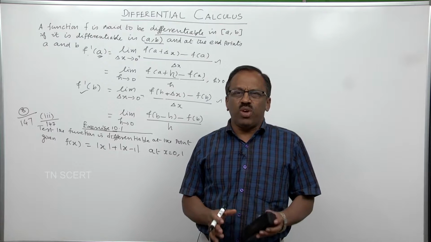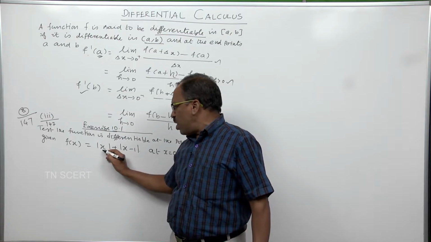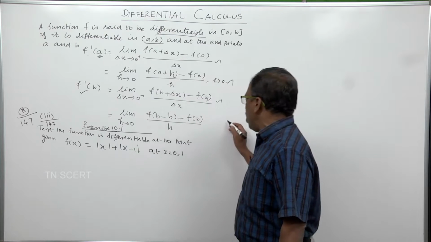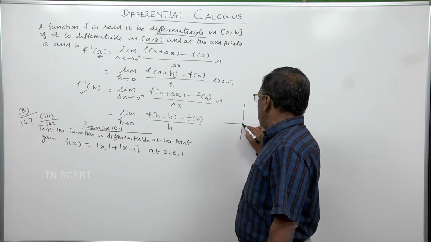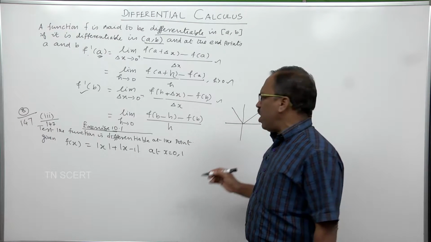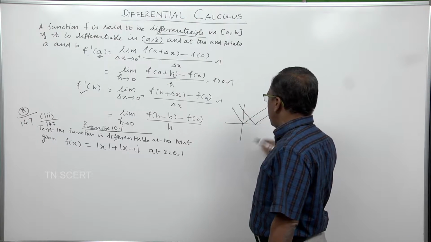Now, we wish to define this function. First of all, the function is mod x and mod of x minus 1. You can draw this in a graphical way also: mod x minus 1 is just a shifting of this part.